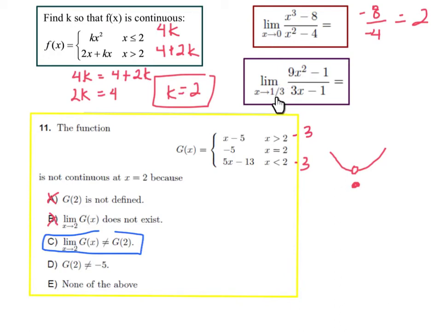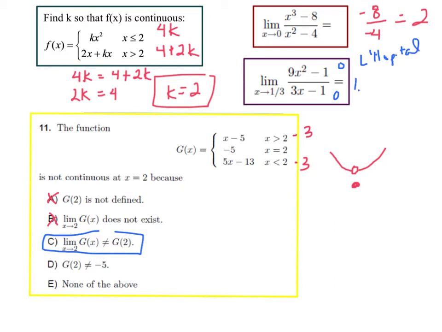All right, now let's plug in 1/3. 1/3 squared is 1/9, so 9 times 1/9 is 1. Minus 1 is 0. 3 multiplied by 1/3 is 1, minus 1 is 0. Now we invoke L'Hopital. Right.